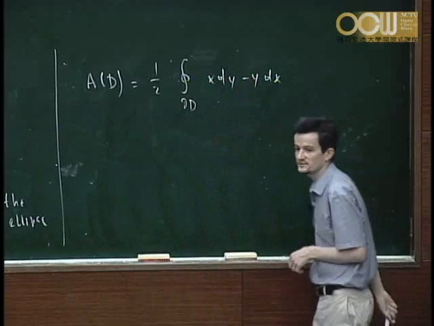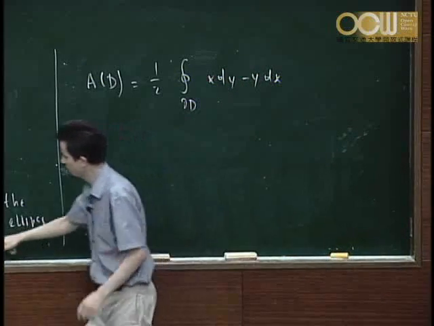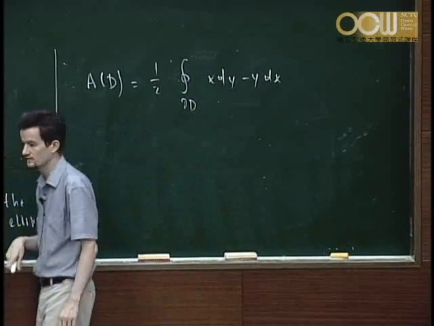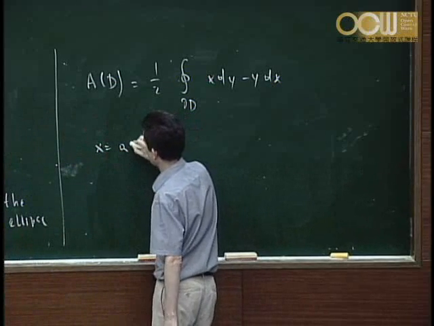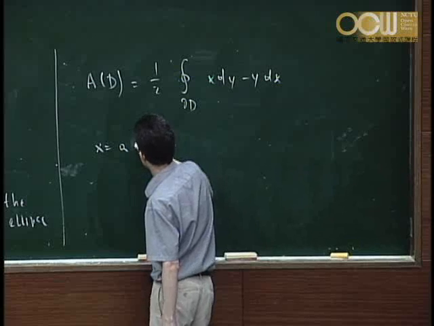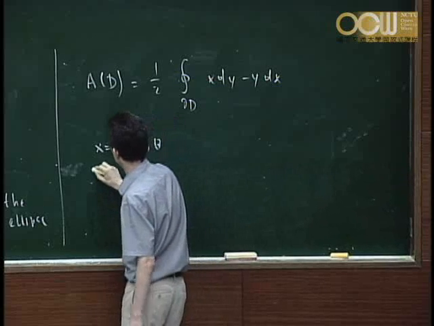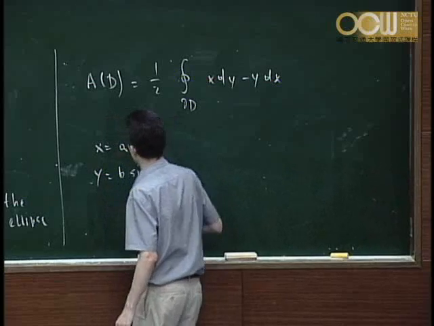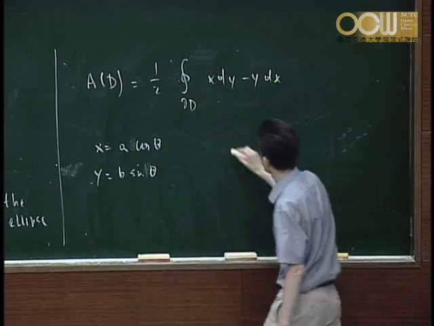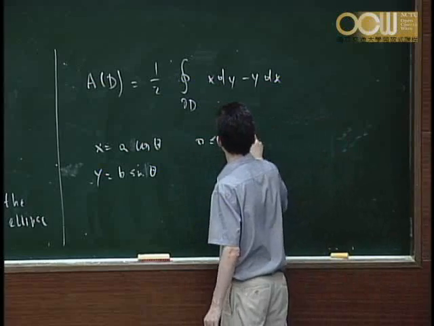Now you have to choose a parametrization of the boundary of the ellipse in order to compute this. The parametrization you can choose is x equals a times cosine of theta, and y equals b times sine of theta, where theta goes from 0 to 2 pi.